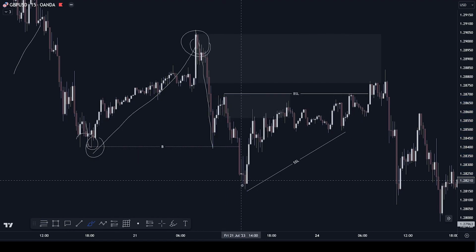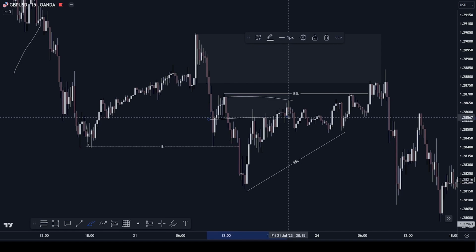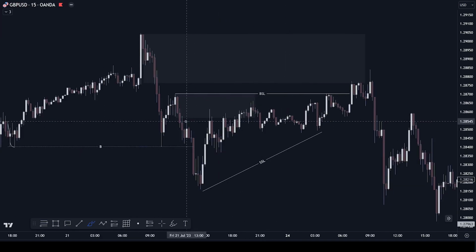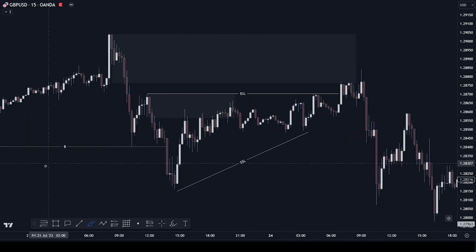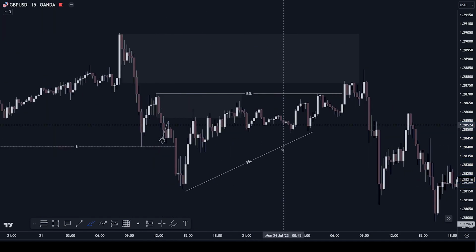At this point, what many people will do is take their supply from here, and as we can see, you have a bit of liquidity, but you don't have any imbalance for that one, and you don't have big liquidity. You only have a high created on the M15 candle with a move to the downside.